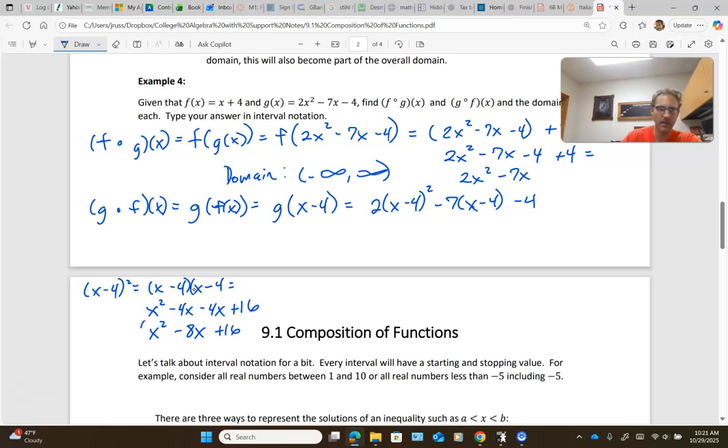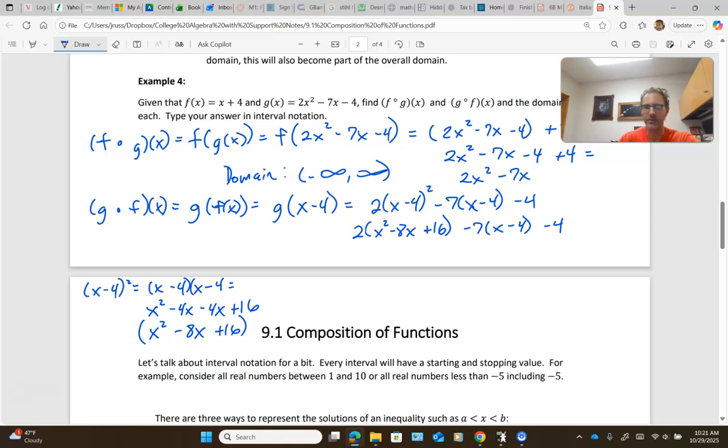Okay. Now when I plug this back in, because there's a 2 sitting in front, I need to keep this in parentheses because I'm going to be distributing that 2. I'm just going to recopy the rest of it. Okay.